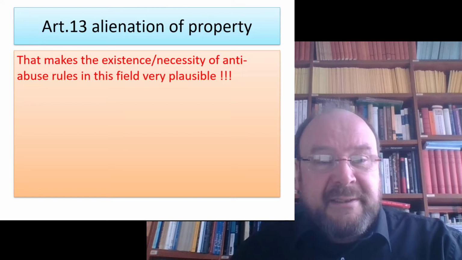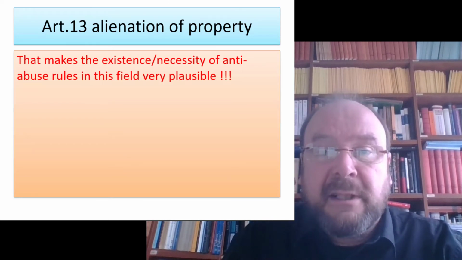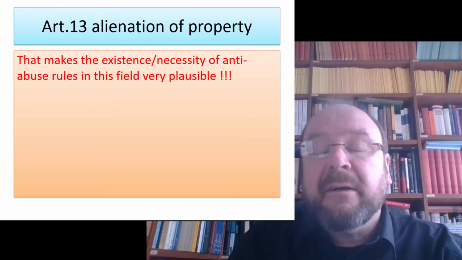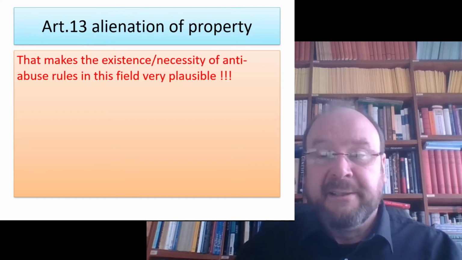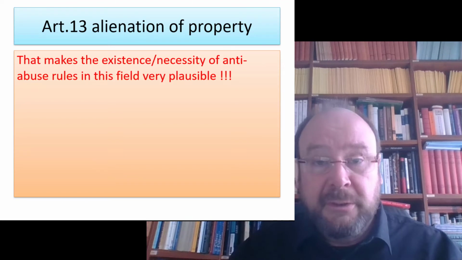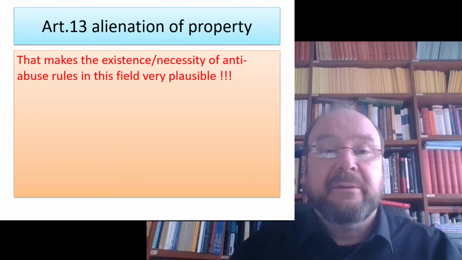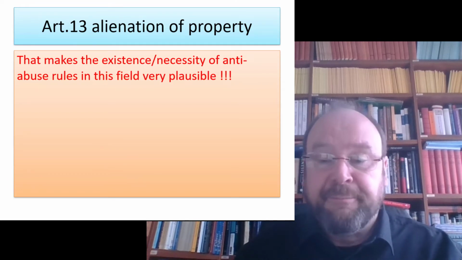So it makes sense, if we analyze these rules, at least under an economic perspective, to always keep in mind if there are such hidden choices and how the states could, should, will react to these choices which they might regard as abusive.